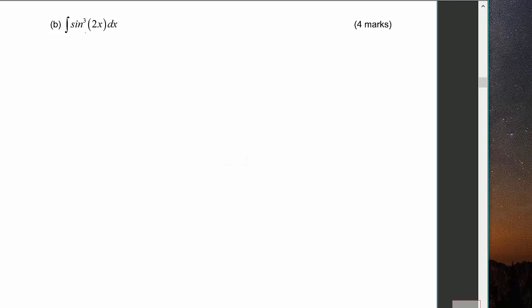So we want to integrate sine cubed 2x. Now, when you deal with odd powers of sine, split them so that you've got sine and you've got sine squared. And then you're going to use the fact that cos squared a plus sine squared a is 1. So the sine squared can be written as 1 minus cos squared.